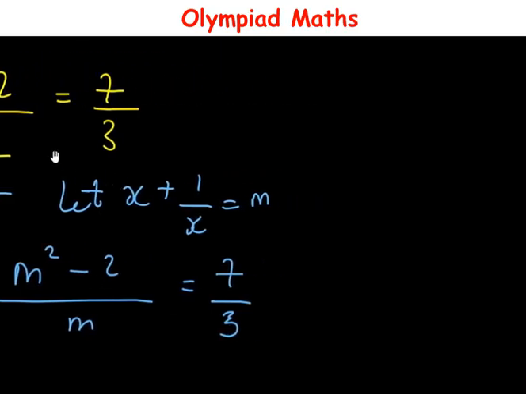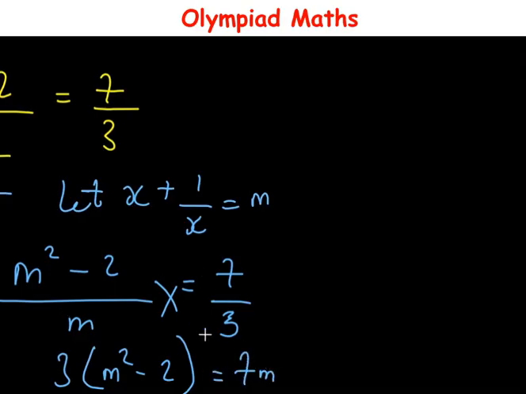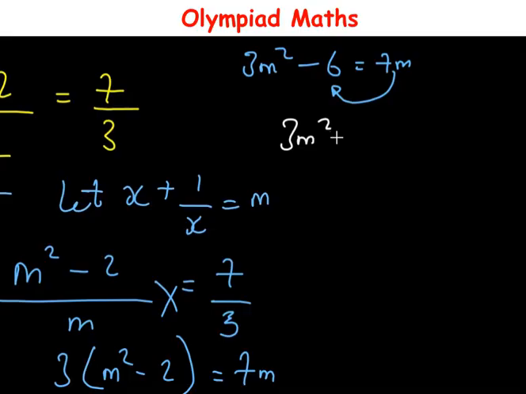From here, we are going to cross multiply, such that 3 times (m^2 - 2) equals m times 7, that is 7m. 3 times m^2 is 3m^2, 3 times minus 2 is minus 6, equals 7m. Move 7m over to this side: 3m^2 - 7m - 6 = 0.